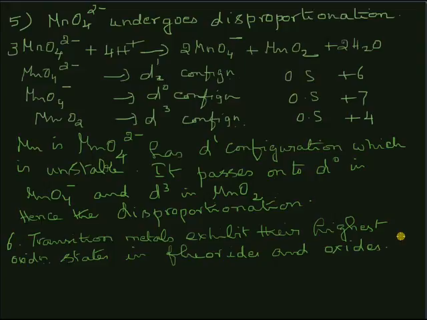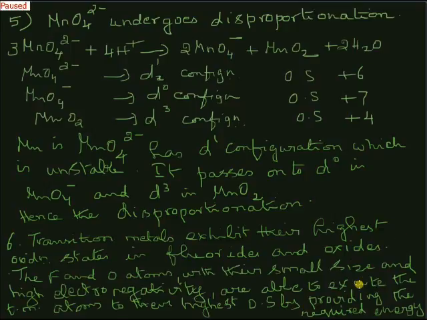The fluorine and oxygen atoms with their small size and high electronegativities are able to excite the transition metal atoms to their highest oxidation state by providing necessary energy. Let us write it down. I suppose you are able to read it clearly. The fluorine and oxygen atoms with their small size and high electronegativity are able to excite the transition metal atoms to their highest oxidation states by providing the required energy.